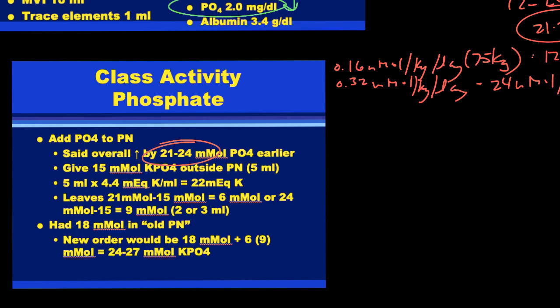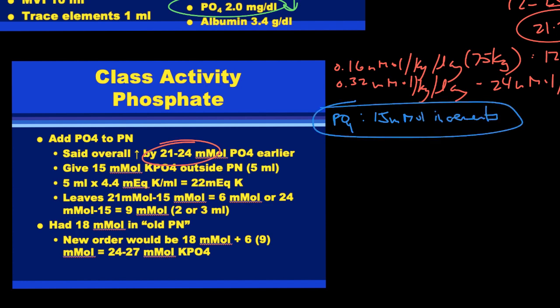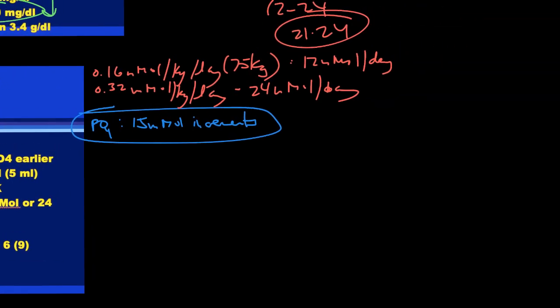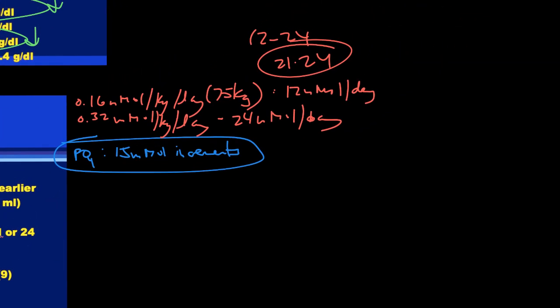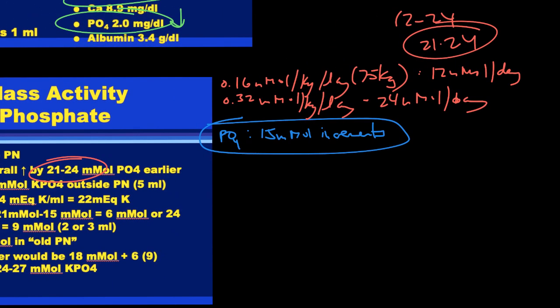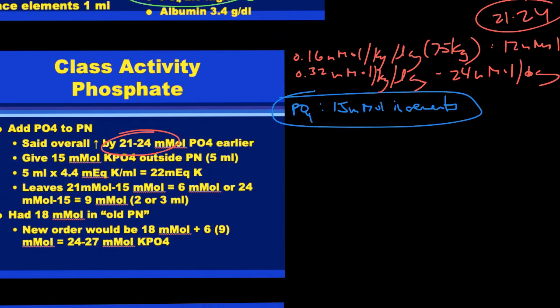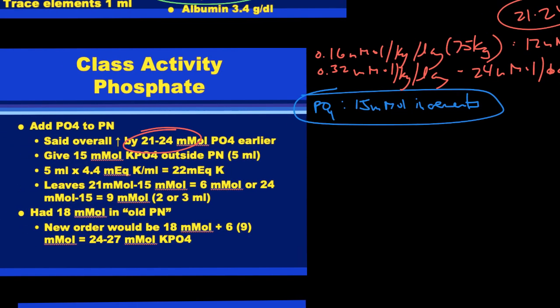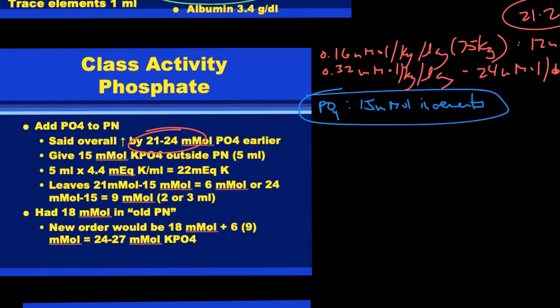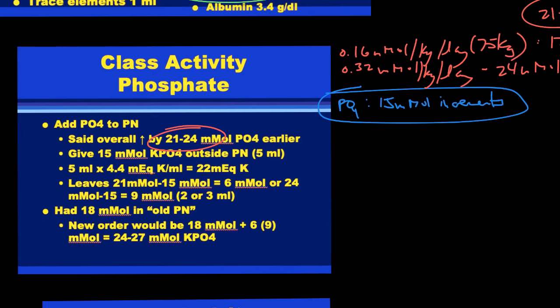And she also said that phosphate comes in increments of 15 millimoles. If we give 2 packets of phosphate, you'd end up giving 30, which would overshoot that 21 to 24. So let's just give 1 packet of phosphate. That's 15 millimoles, 1 increment, or 1 packet. Apparently that packet is 5 milliliters.